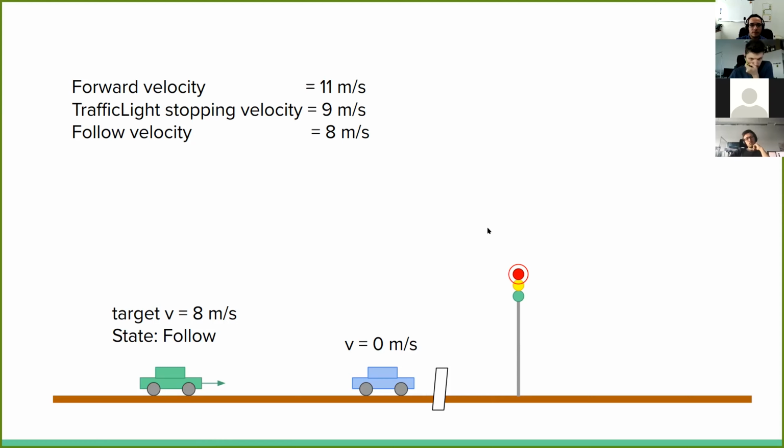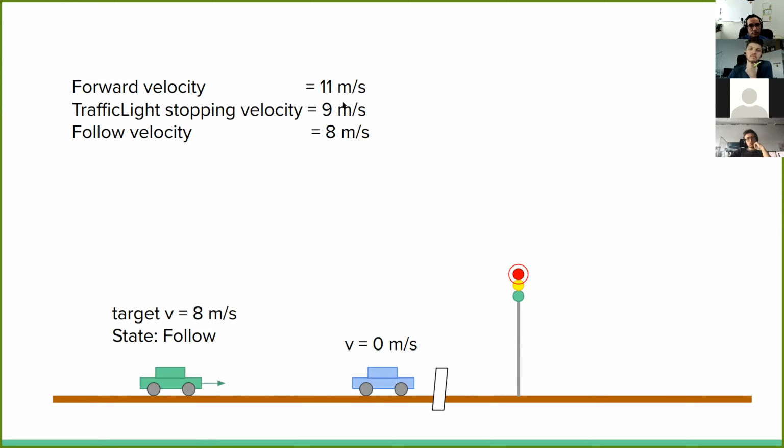Now we have calculated the forward velocity. If there wouldn't be any of this, we would drive 11 meters per second. That is our limit in the city that we use. So if there is a traffic light with red, then we know that the distance to the stoplight is this. We use this constant deceleration model.